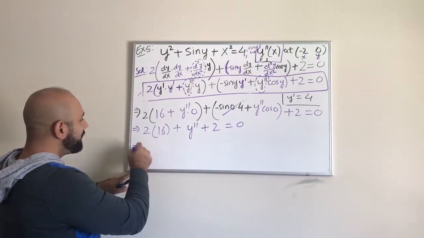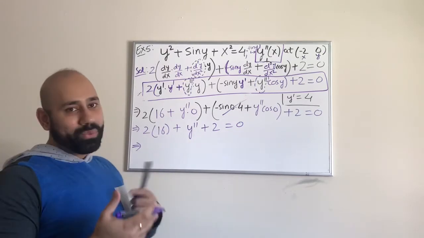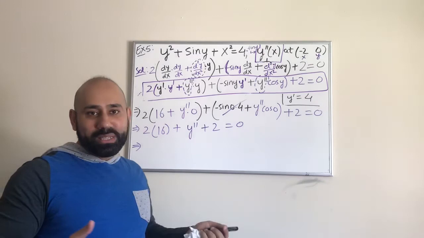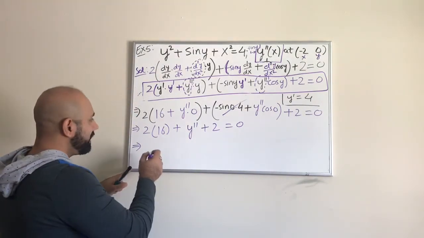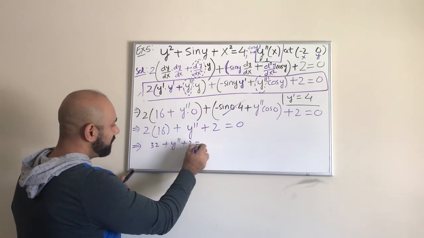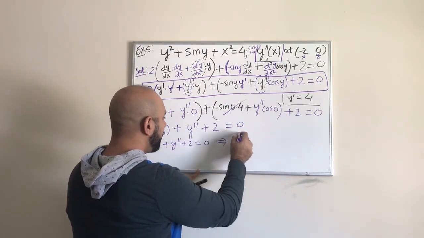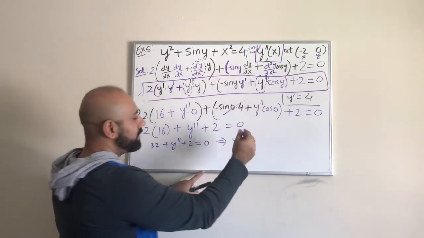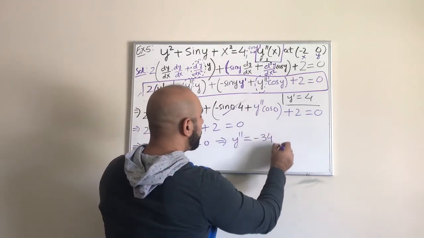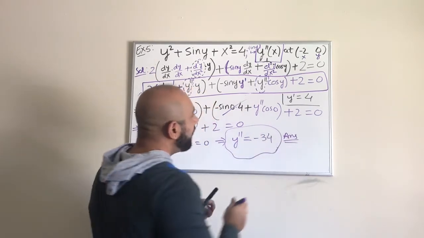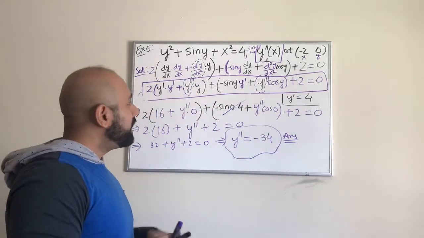It simplified once we substituted values for y prime and x and y. It just simplified to a simple linear type of equation. So it's 32 plus y double prime plus 2 equal to 0, which implies that y double prime is, so 32 plus 2 is 34, when I take it to the other side, negative 34. So this is the final answer, the value for y double prime.